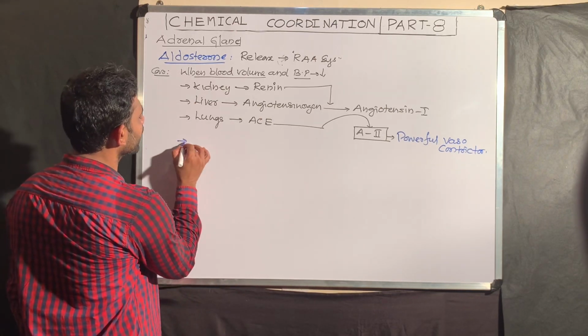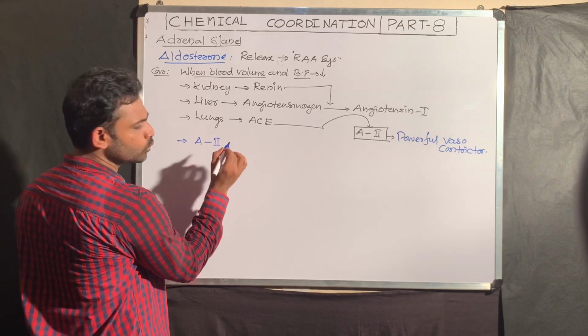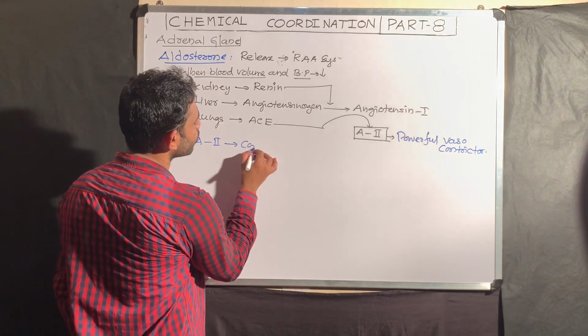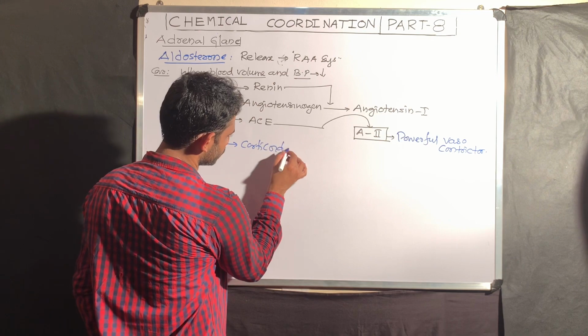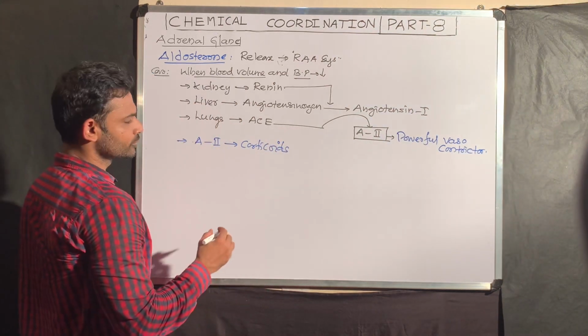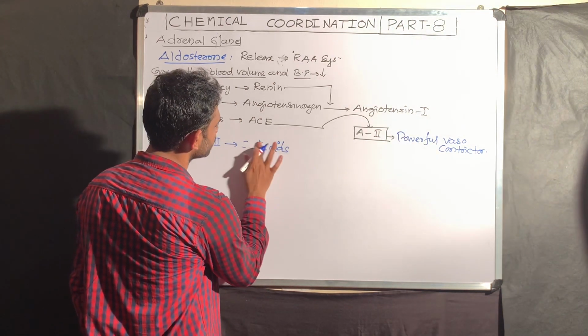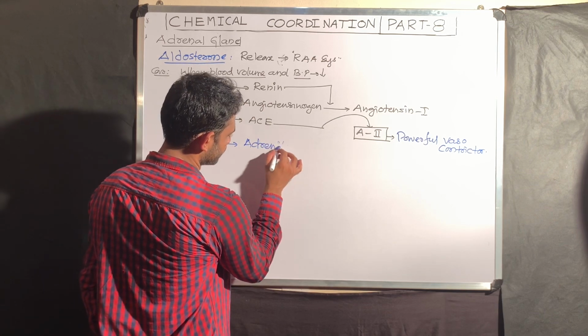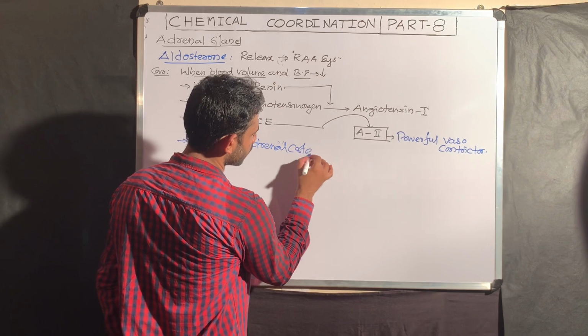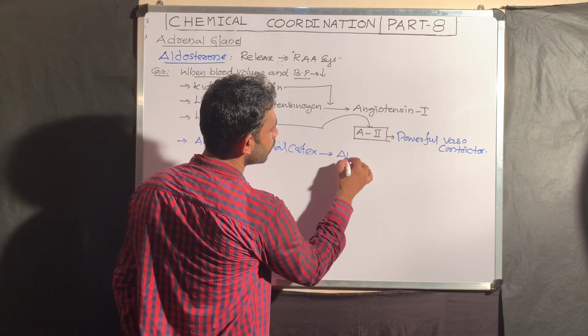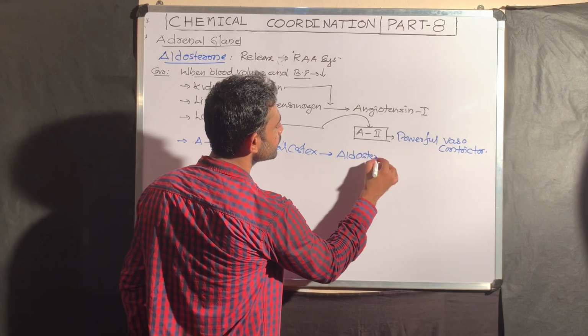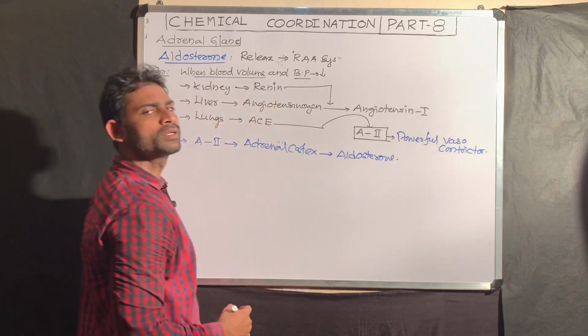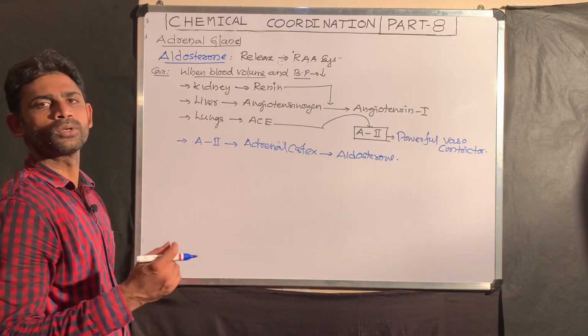Simultaneously, this A2, angiotensin 2, stimulates the adrenal cortex to release aldosterone, especially which layer? That is the outer layer, zona glomerulosa.